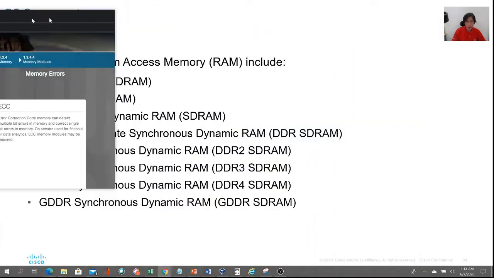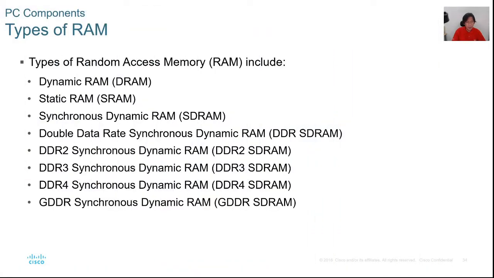So what is cache memory compared with dynamic random access memory? Dynamic random access memory was popular until the mid 1990s, and it was used as the main memory.